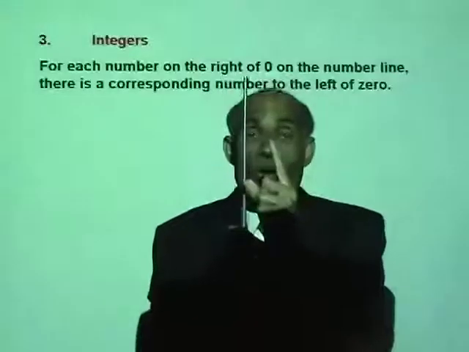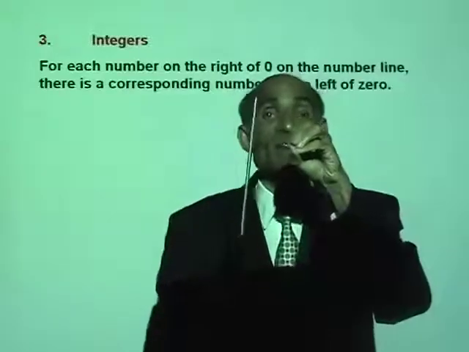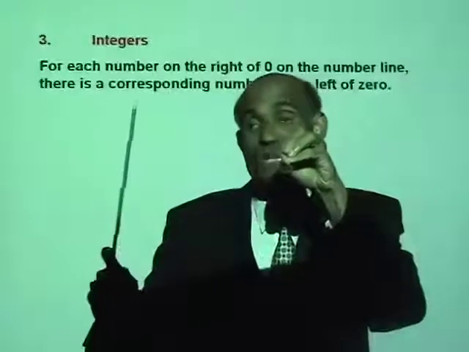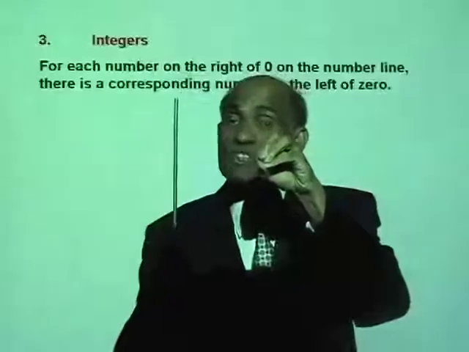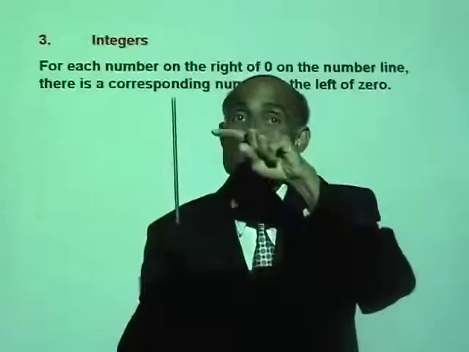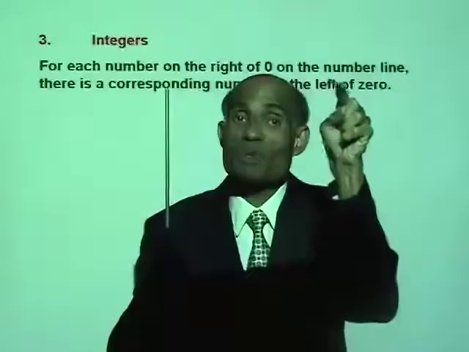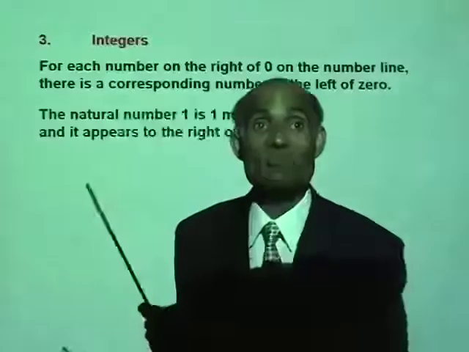Well, 0 is at the middle of the number line. And if you go to the right, you see the natural numbers. For each natural number on the right of 0, there is a corresponding number on the left of 0. What will be that number?